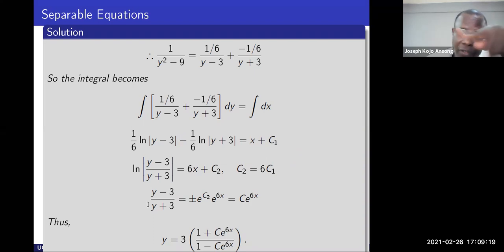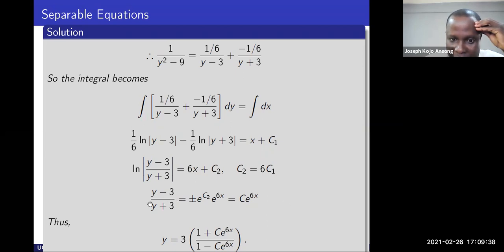You take e raised to this power, then you can solve for this expression: (y minus 3) over (y plus 3) is equal to e raised to the power 6x plus c2, but e to the power c2 is just another constant multiplied by e raised to the power 6x.